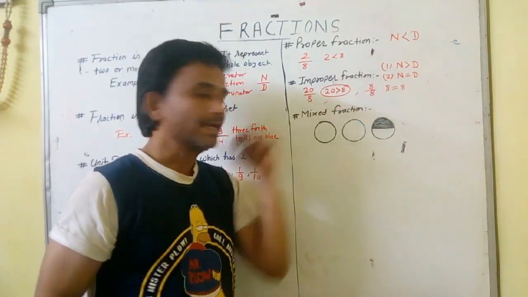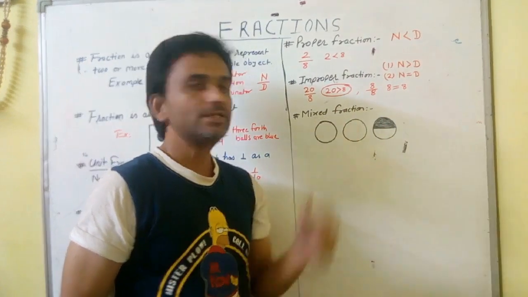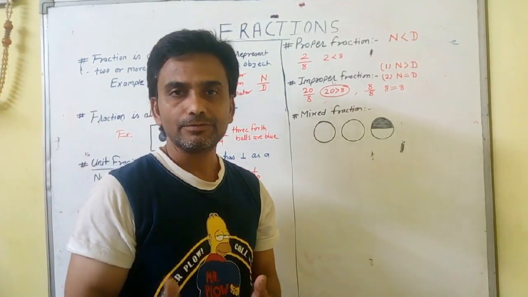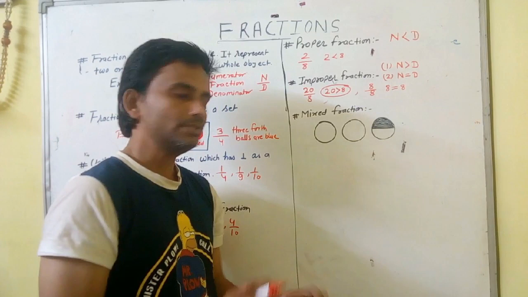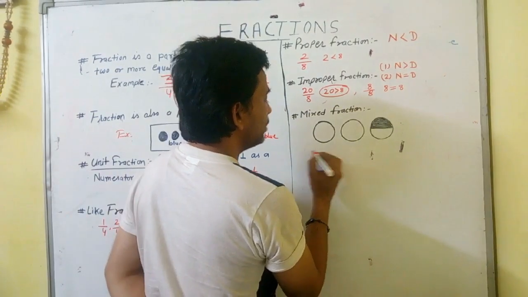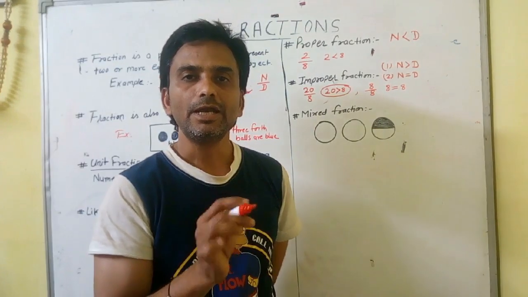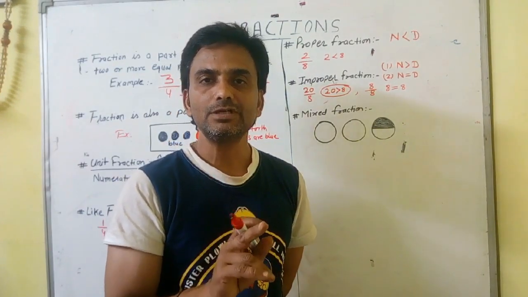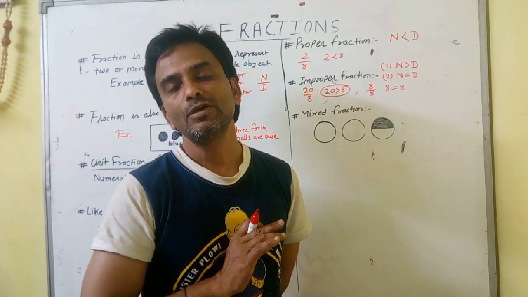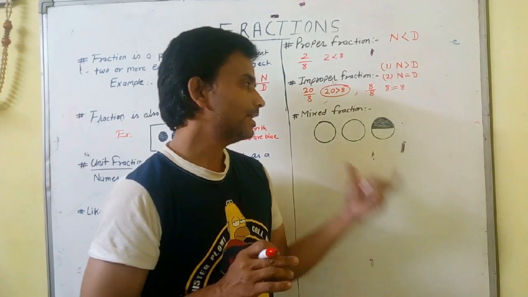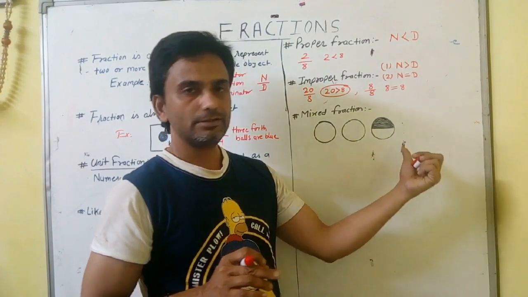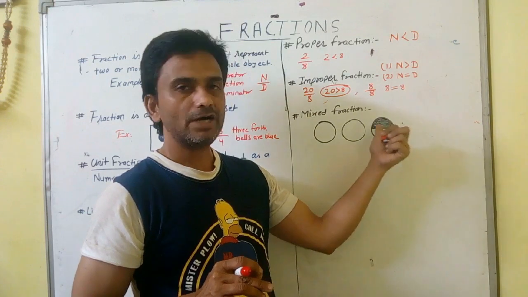Okay? Next, our last topic is mixed fraction. A mixed fraction is the sum of a natural number and a proper fraction. Take an example. We take 3 balls. One of the balls is half eaten.